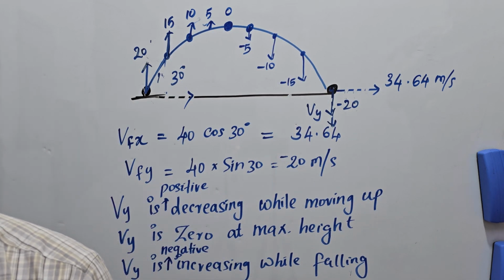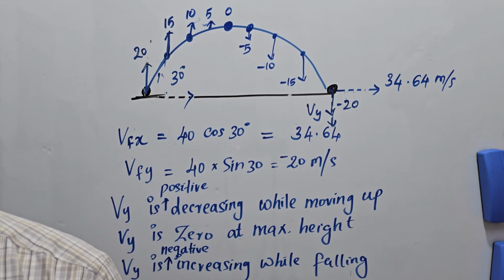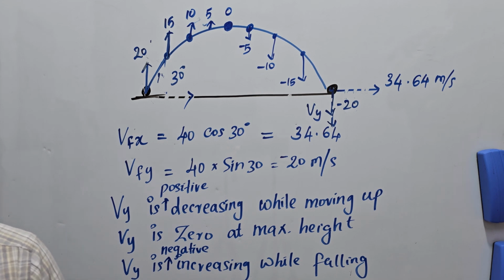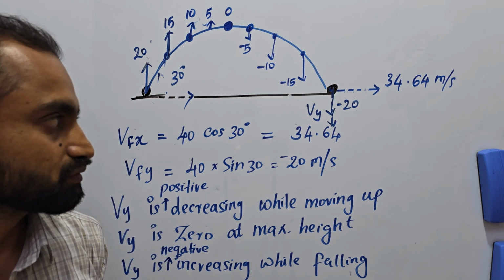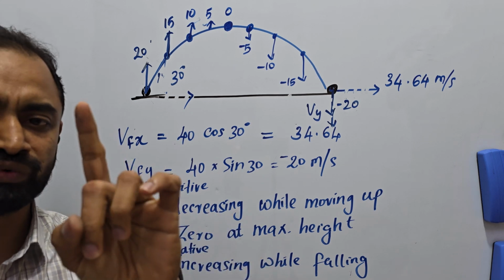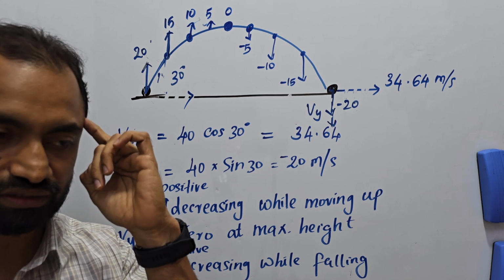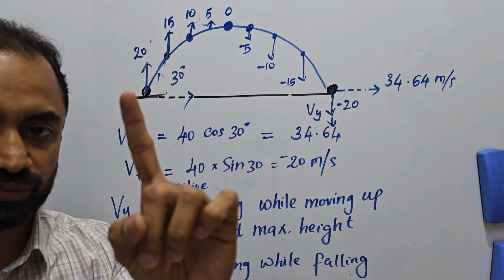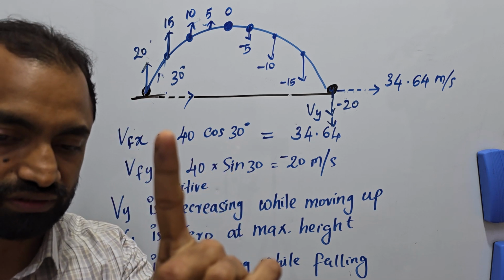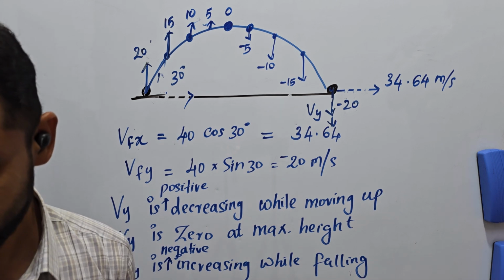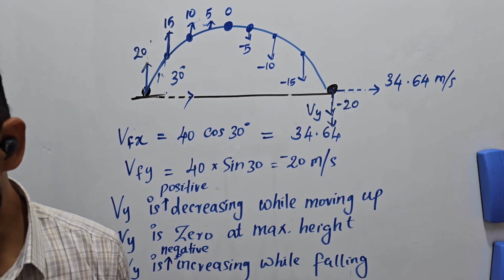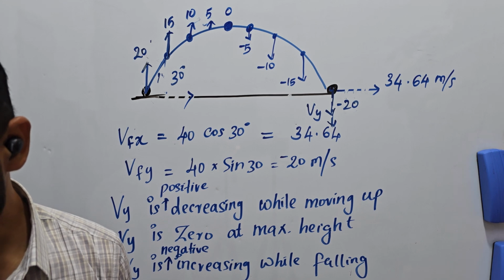Then why negative? Negative is only because of one reason. Keep it in mind. What is the one reason? Direction downward. Now you will not forget, I hope.